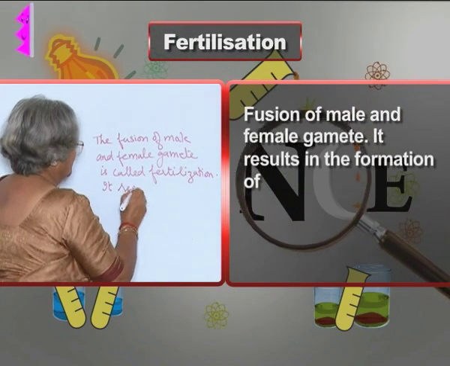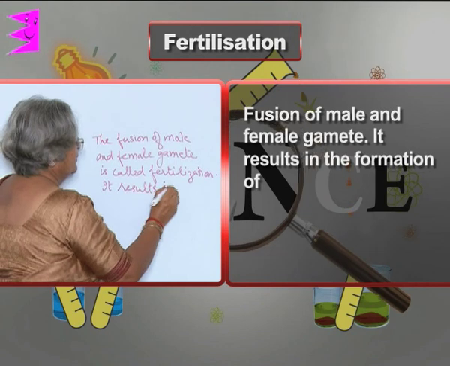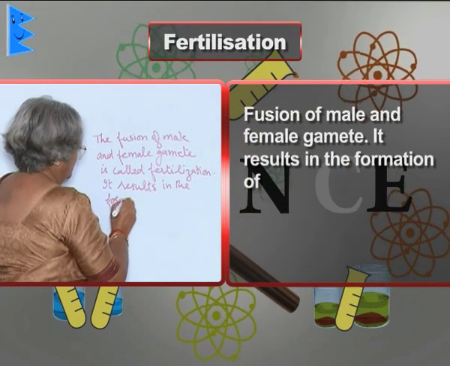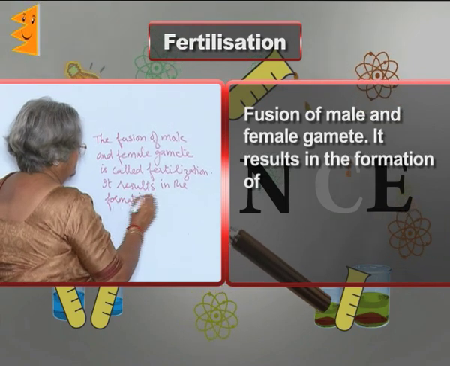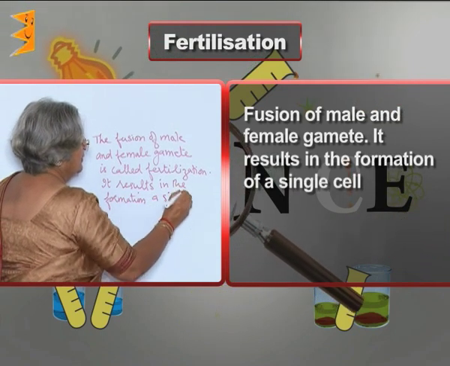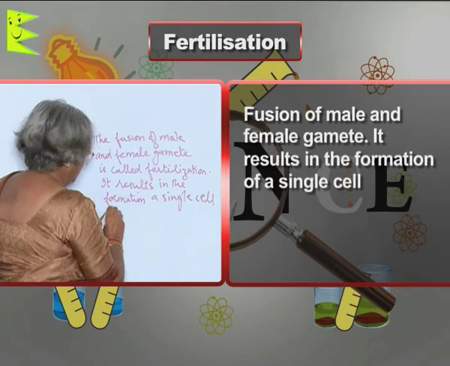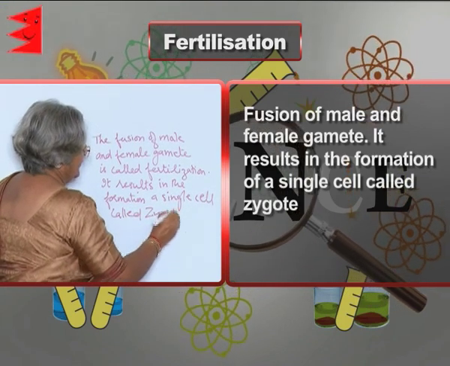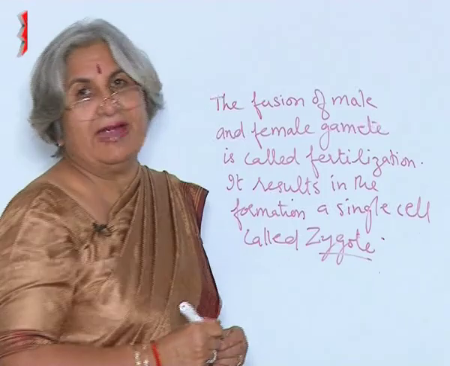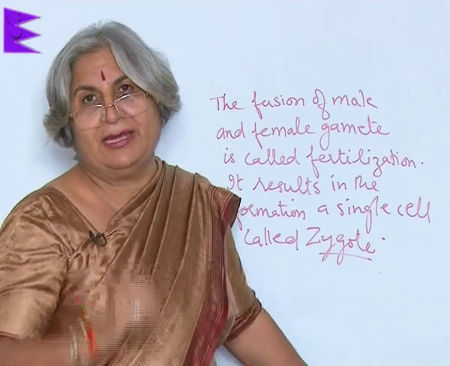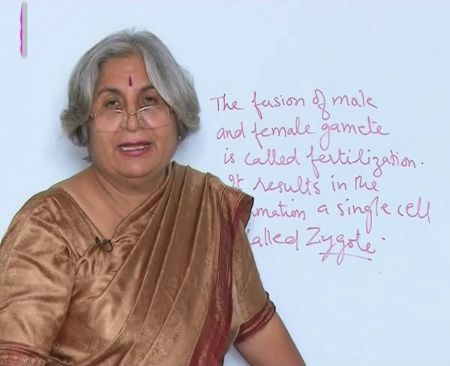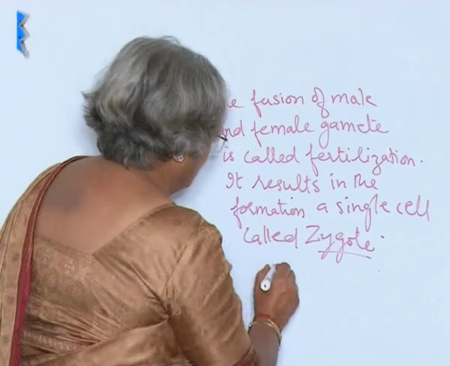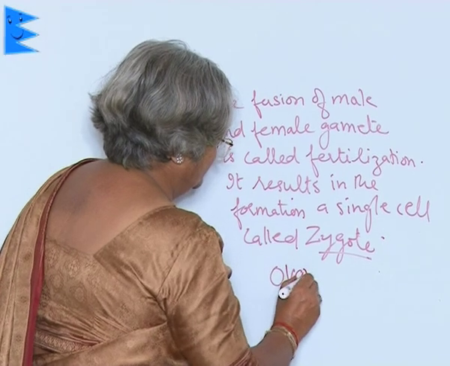It results in the formation of a single cell called zygote. Then this zygote divides and redivides to form an embryo. And finally, the ovule forms the seed and the ovary forms the fruit.